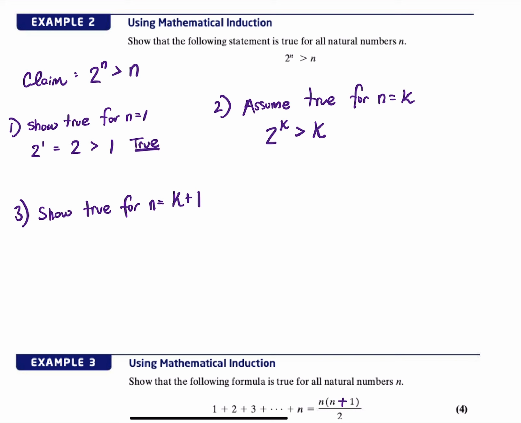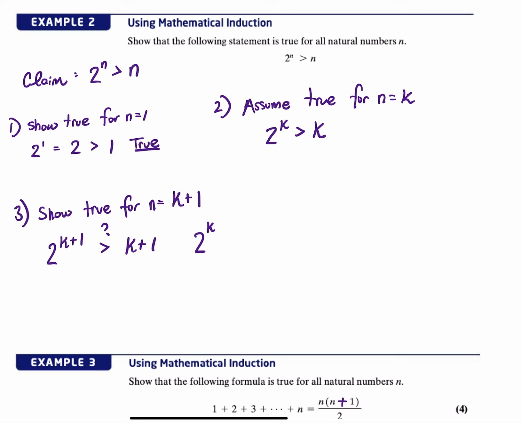So what we want to try to say is that 2 to the power k plus 1 is going to be greater than k plus 1. So right now we're questioning if this is true or not. Let's think about how we can do this. 2 to the power k plus 1. We typically want to try to use the statement from part 2, that thing that we assume to be true.